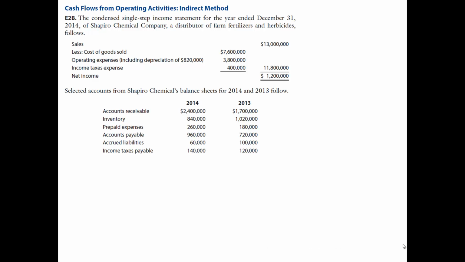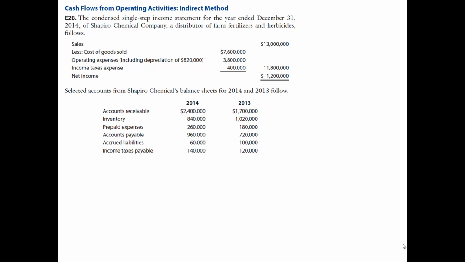In this example, we are looking at the operating activities section of a statement of cash flows using the indirect method. In the operating activities section, we're going to be looking at how things affect net income. And then we're going to be looking to see if we have any depreciation or amortization or depletion, which are items we learned earlier in the semester.